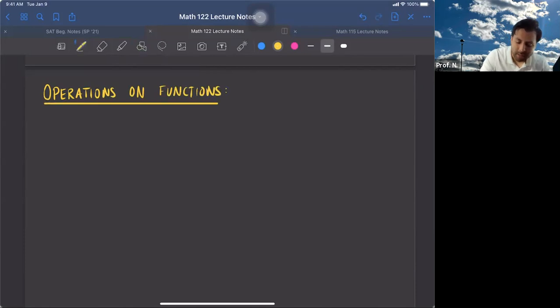No problem. It's just that we have to understand certain notation for this. So the function notation, okay? So we have function notation.